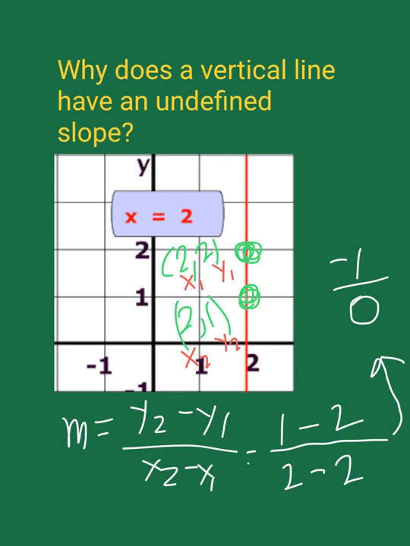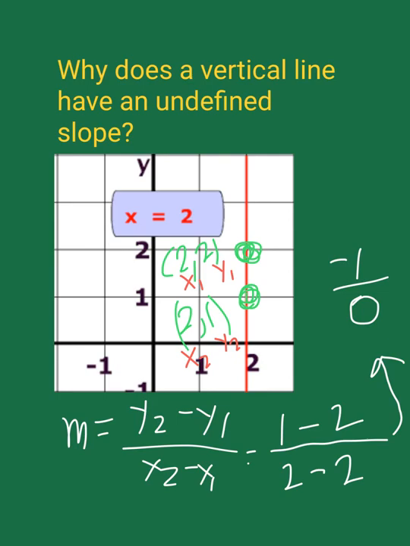If you have 0 in the denominator of a fraction, that number is undefined because it doesn't make sense. And the reason it doesn't make sense is because a fraction means the number of parts out of a whole.